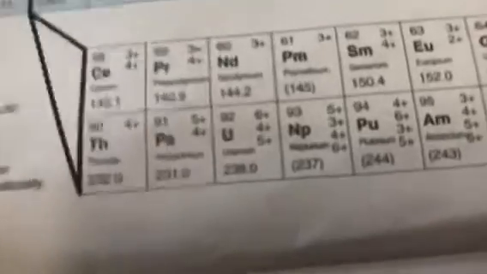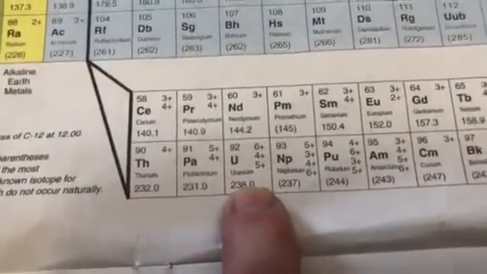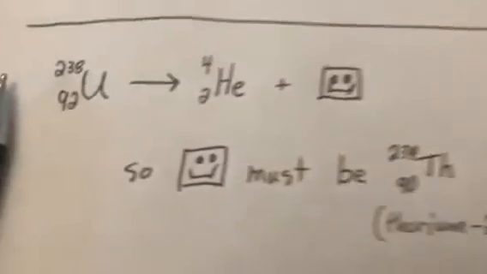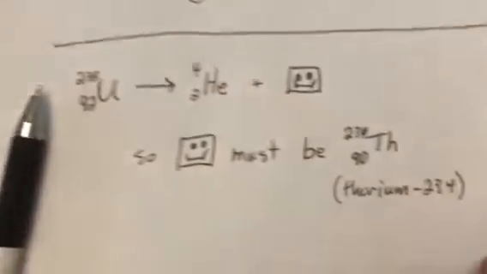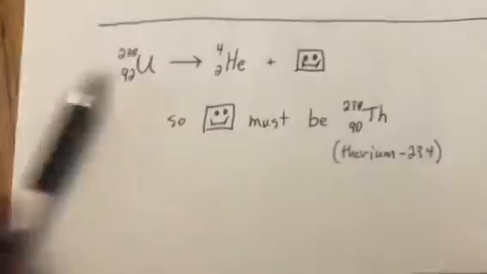So there's our uranium. Something plus 2 is 92. Oh, it's thorium. Look, it's thorium. Okay, so whatever number is up here plus 4 has to be equal to 238. So it's thorium 234. That's it for nuclear equations.